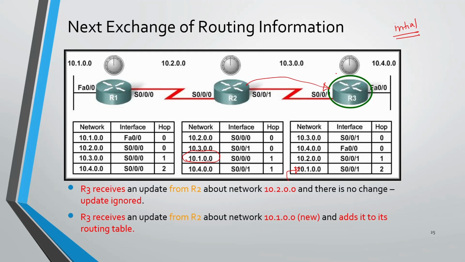Networks that the routers are directly connected with, the networks or interfaces which are directly connected with that router, right? After the first update, which information is added in the router's routing table? Networks that are one hop away.